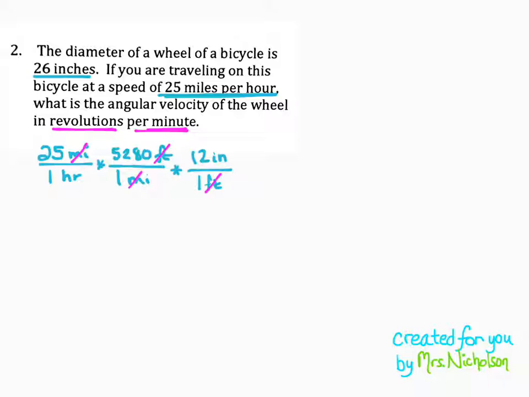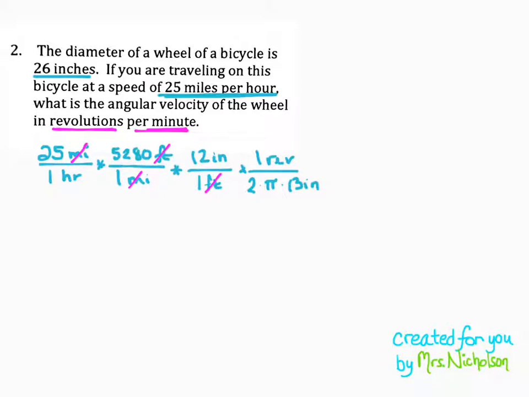So now I have inches on top, and I can convert that to revolutions. 1 revolution. So 1 revolution is equal to 2 times pi times 13 inches. Circumference formula, 2 pi r.